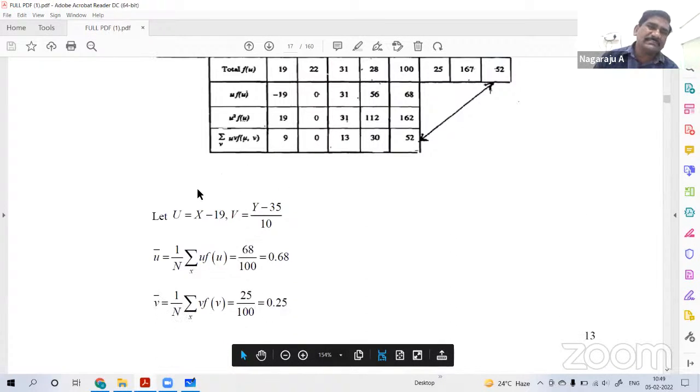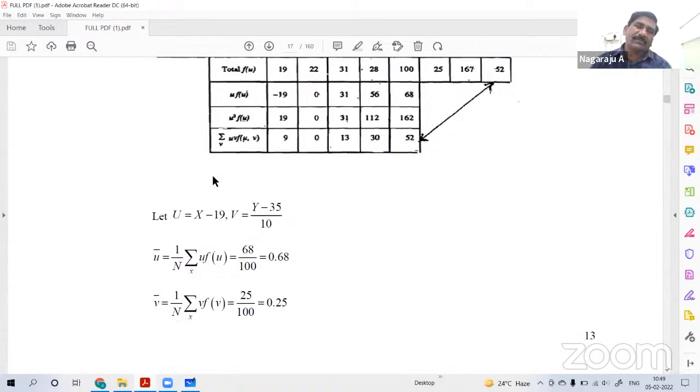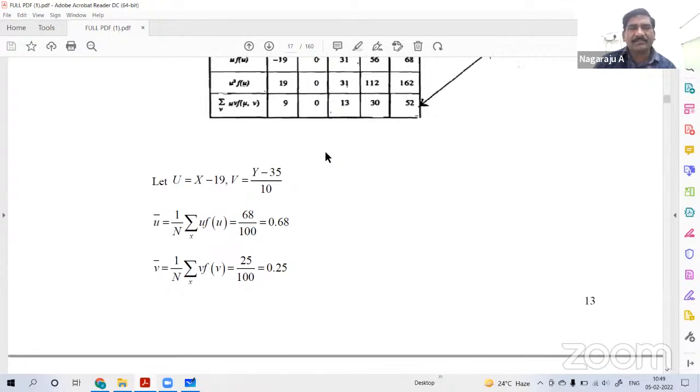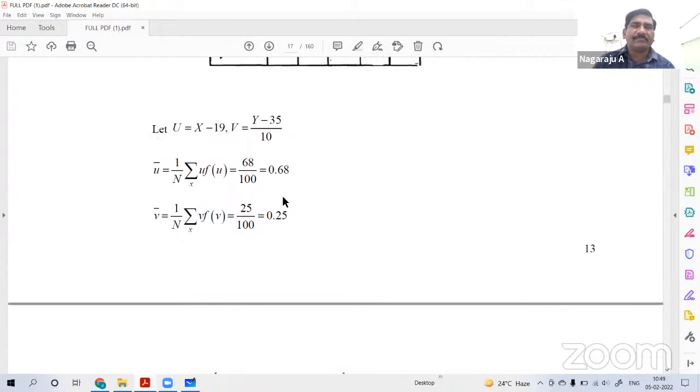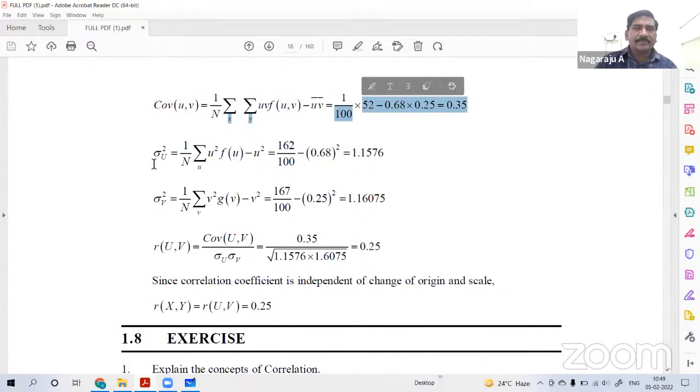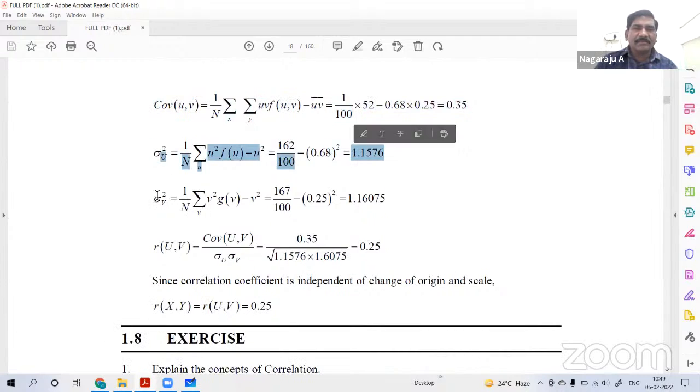Then after getting the results, with x minus 19 as mu, and y correlated, I'm finding the summation uv of f of x comma y. Here the data are available from the top, x minus x square, and I'm calculating the covariance, sigma x square, and sigma v square.